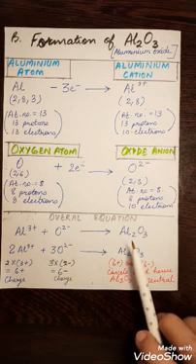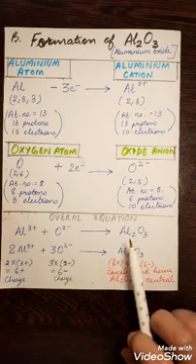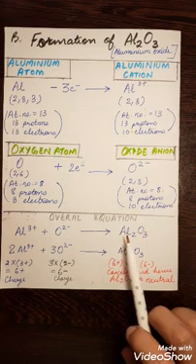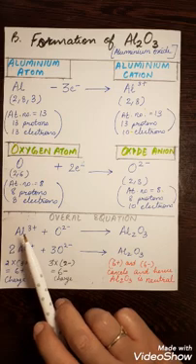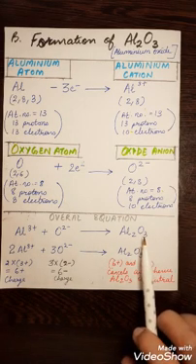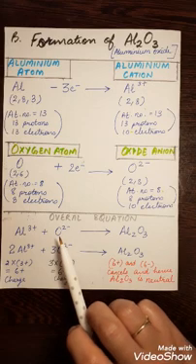Aluminium oxide molecule will be Al2O3. Over here in the product, we can see in aluminium oxide 2 aluminium atoms are there, but over here only 1 aluminium atom changed into aluminium cation, and over here 3 oxygen atoms are there, but over here 1 oxygen atom has changed into 1 oxide ion, right?